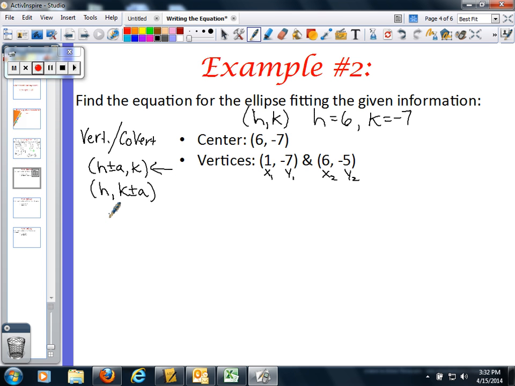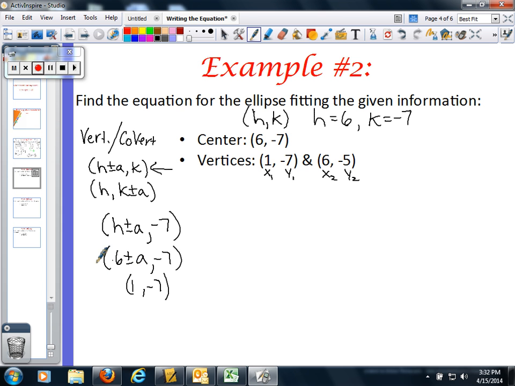Alright? So I have H plus or minus A, comma, -7. And I know that H is 6, so that's 6 plus or minus A is -7. Okay? Now when I look at this point here, I have the point 1, -7. Well, the only way to get from 6 to 1 is to subtract 5.